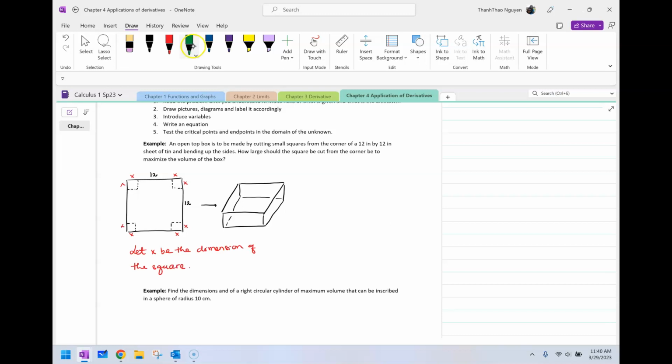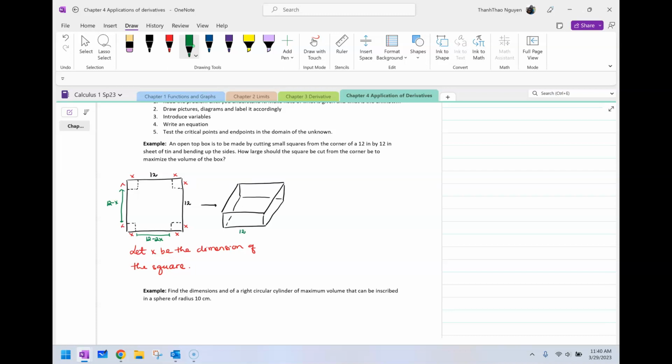Okay. Then the length of the box becomes 12 minus 2x. Okay, so let's label this.